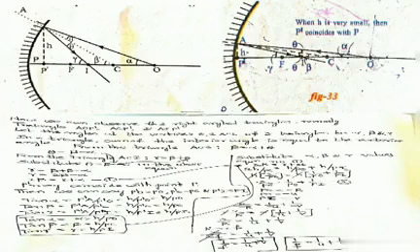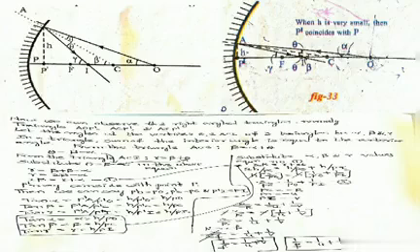If we are measuring the object distance, image distance, radius of curvature and focal length in the direction of the incident ray, we take them as positive. If we are measuring opposite to the incident ray, we take them as negative.